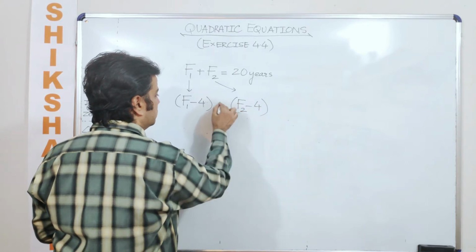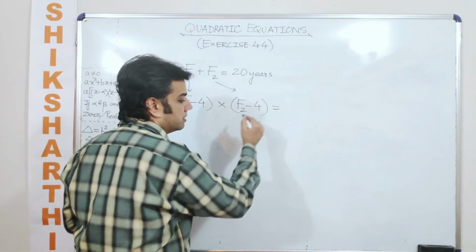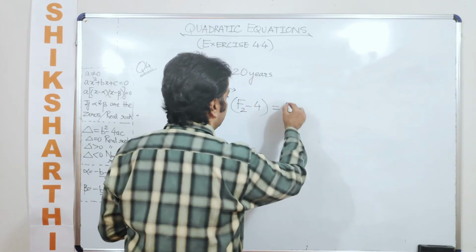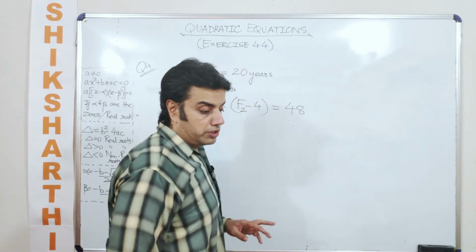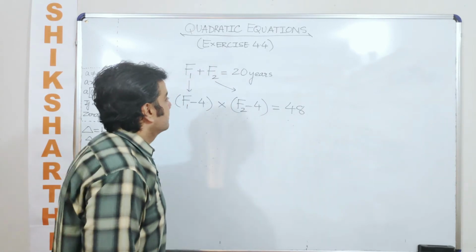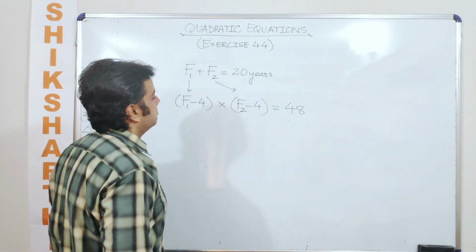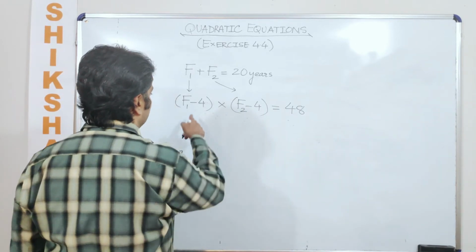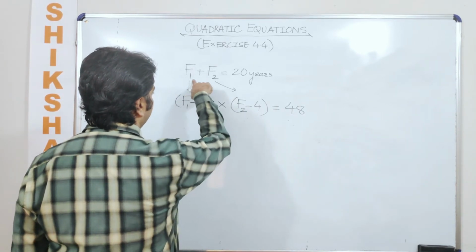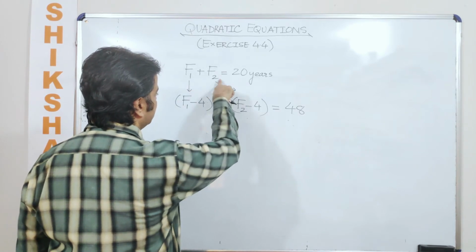So 4 years ago, the product of their ages was equal to how much? 48 years. So the product of their ages was 48. Okay. Is this situation possible or not? So in that case, let us form an equation now. So let us say now, what will I say? F1 is 20 minus F2.